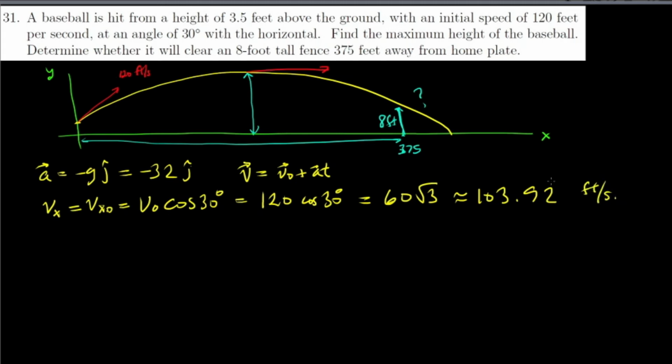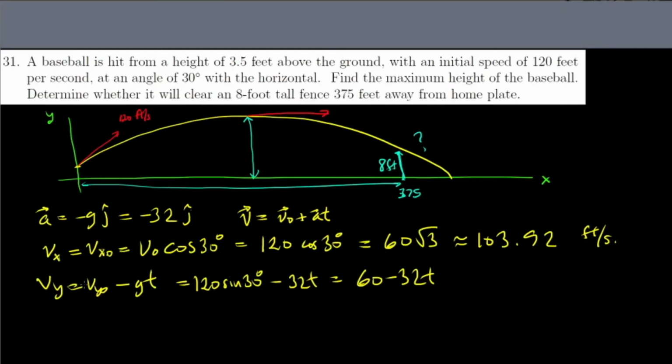So that's a constant horizontal velocity, right? The vertical component, Vy, will be Vy0 minus gt. Vy0 is, again, V0 times the sine of 30 degrees, minus 32 times t. And sine of 30 degrees is 1/2, so this is just 60 minus 32t.